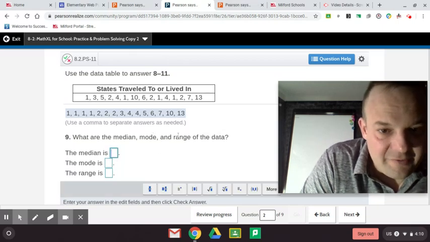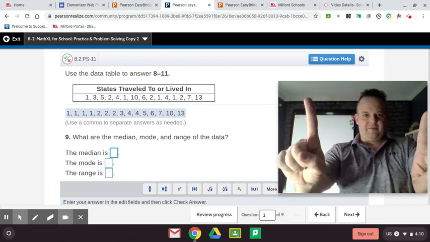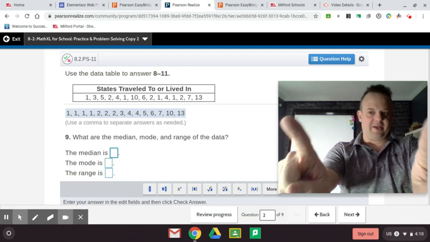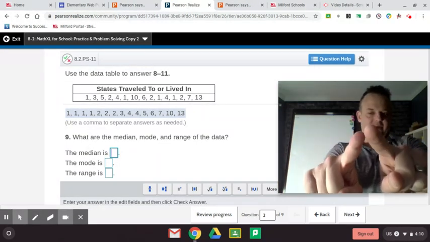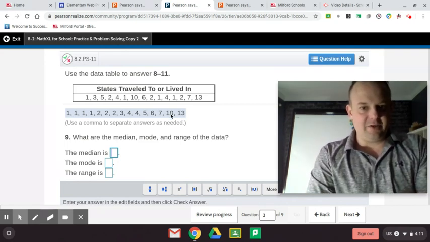Now the median. Now what you do for the median is I wish I could show you. Put your fingers up to the screen like I'm doing here, and you go like this until you get down to one number. Now let's count to see how many we have. We have 1, 2, 3, 4, 5, 6, 7, 8, 9, 10, 11, 12, 13, 14, 15.